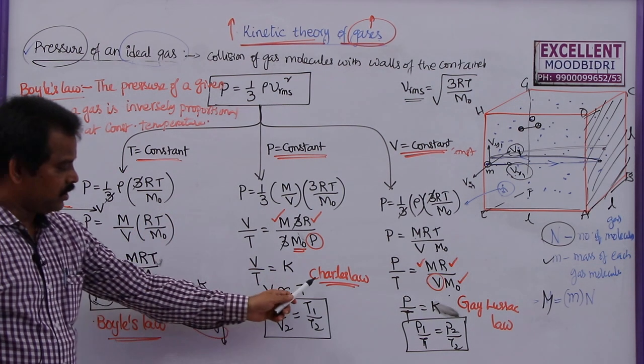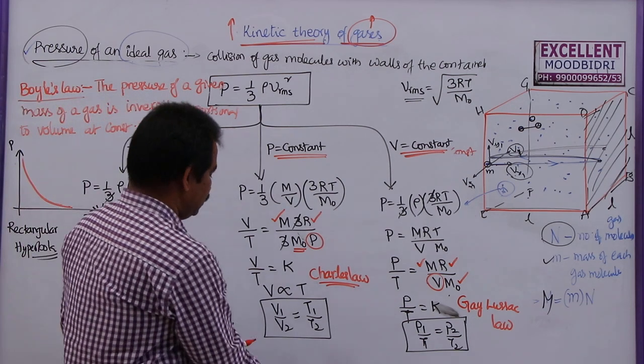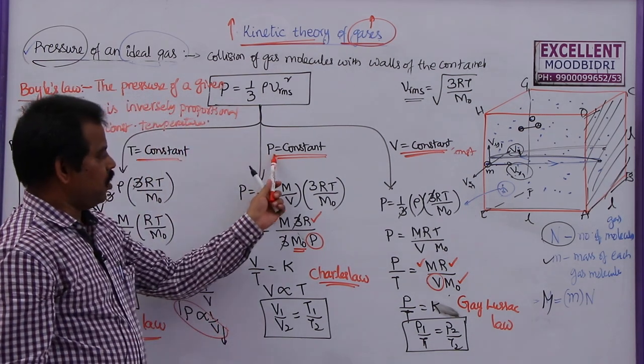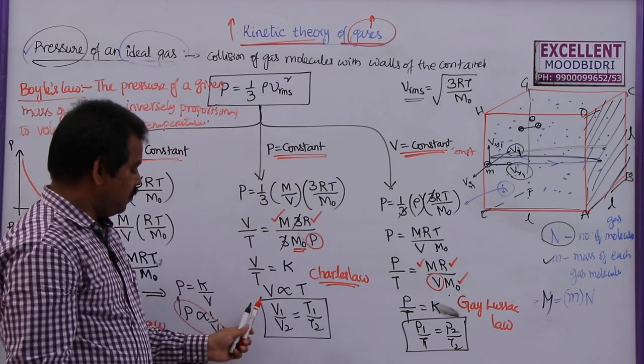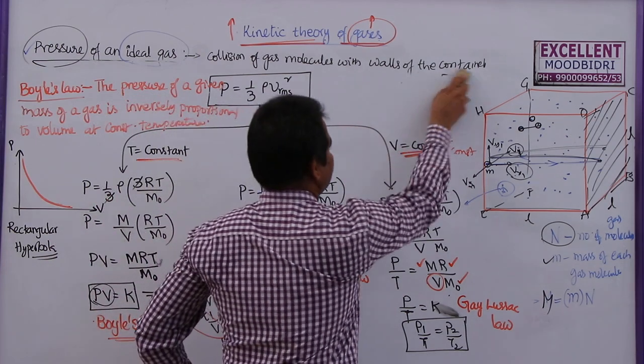Similarly, if you take Charles law, what is the statement for Charles law? Charles law states that at constant pressure, the volume of a given mass of gas is directly proportional to its absolute temperature.